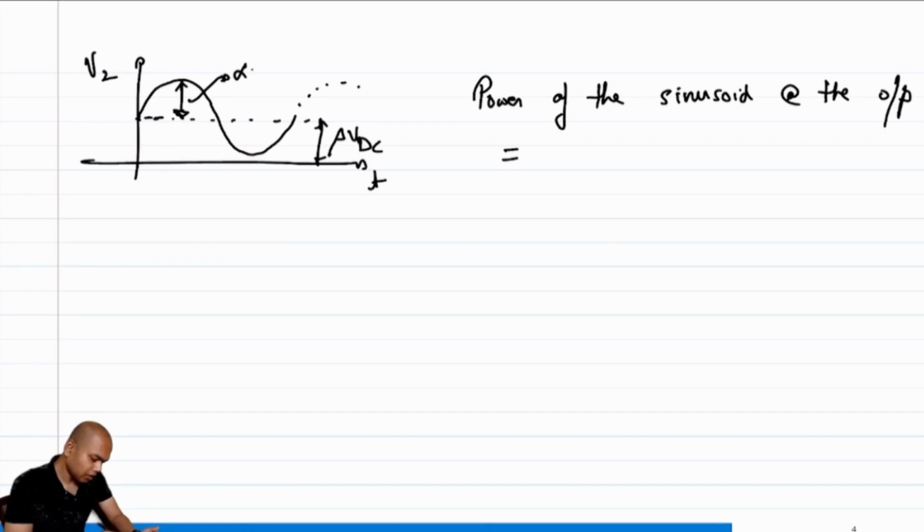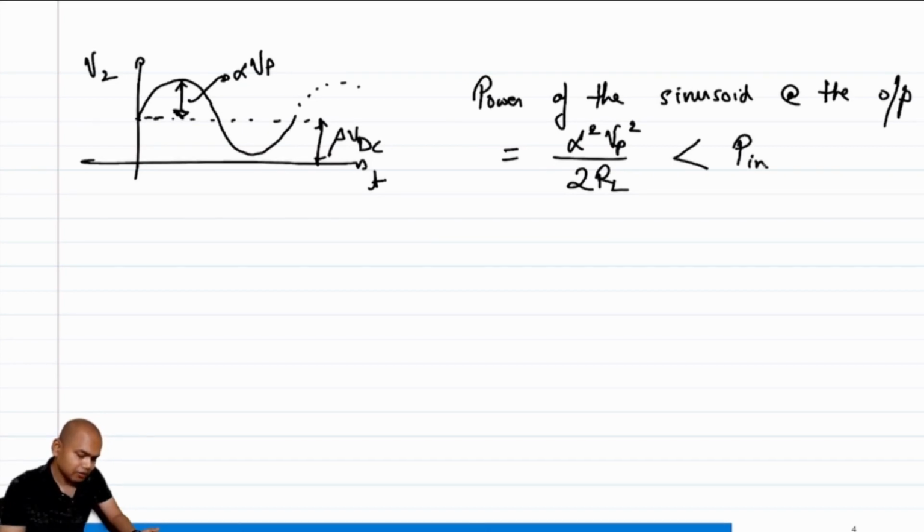This is alpha times Vp, so the power of the sinusoid delivered to the output is still alpha squared Vp squared by twice RL. That is still less than the power that you are extracting from the input.